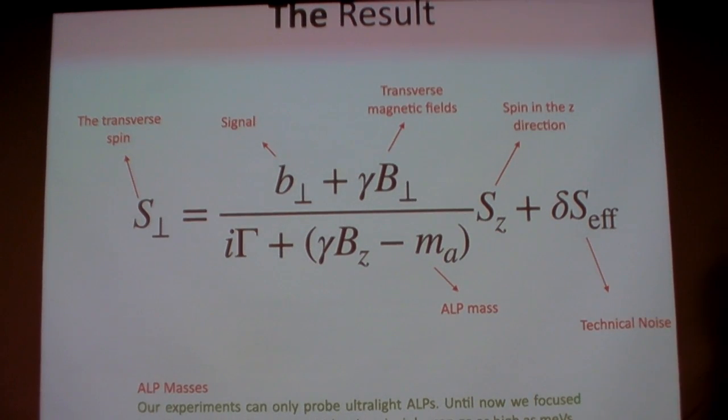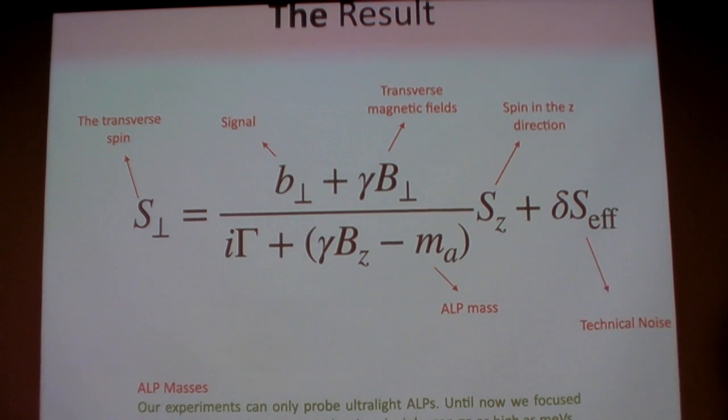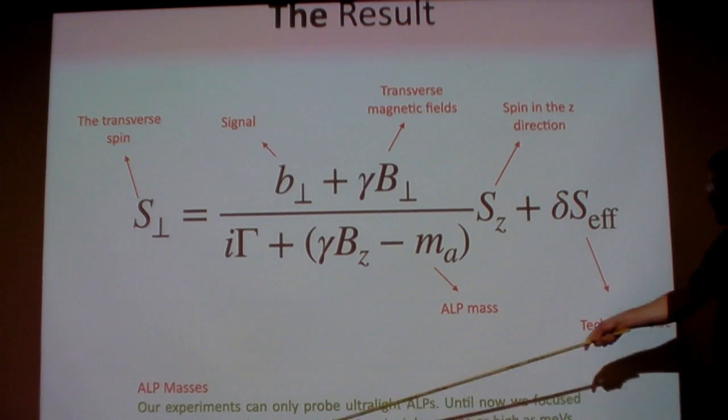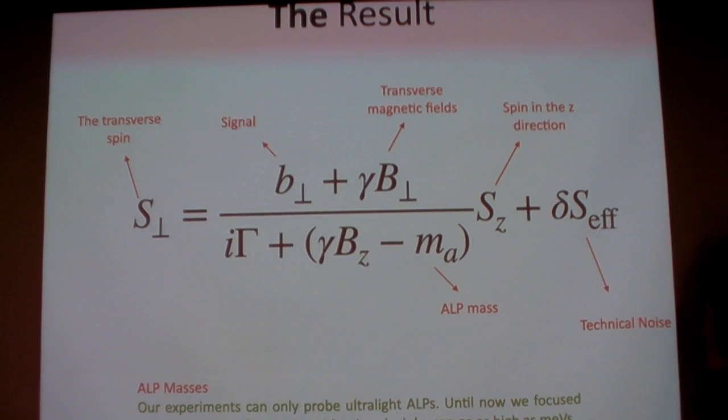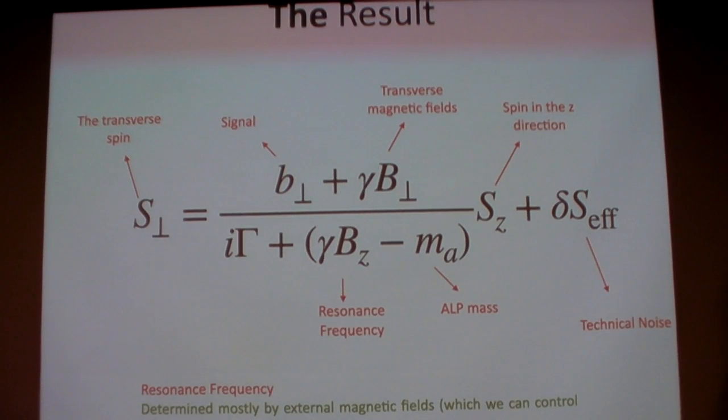So essentially, the effective force or the effective magnetic field that is applied is oscillating with this frequency, which is why we depend on this mass. And our experiments, the ones I'm going to mention, until now have only been probing stuff lighter than a nano eV, which is very light. But in principle, you can go essentially as high as a milli eV. What determines how high or how low you are is this thing, the resonance frequency.